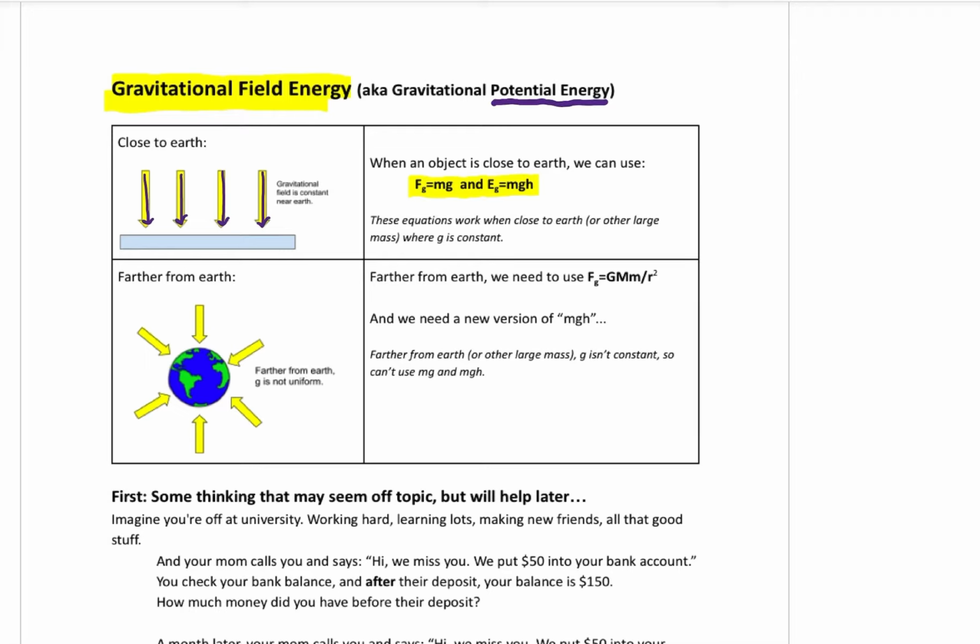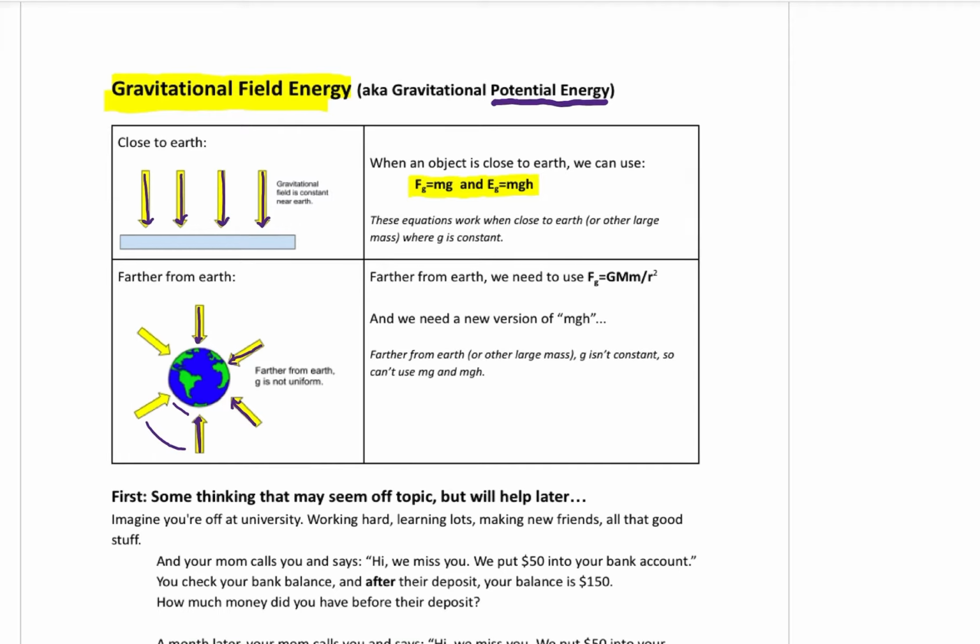However, if we back off, if we could zoom out and look at it, the arrows are no longer uniform. They're pointing in different directions. Their spacing is a little bit different. They're kind of close together down at this end, but they're farther apart at that end.